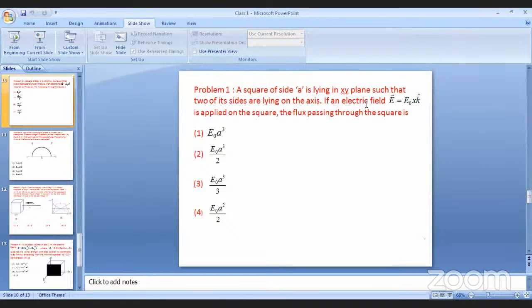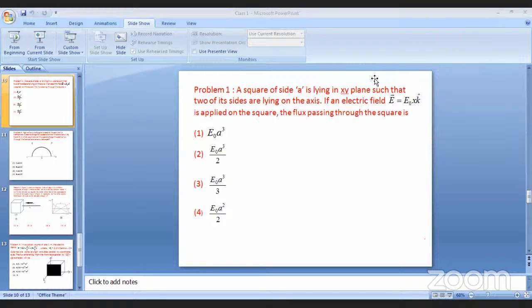If an electric field vector E equal to E naught x k cap is applied on the square, the flux passing through the square is. Here you need to calculate the electric flux passing through the square. So we need to calculate this.